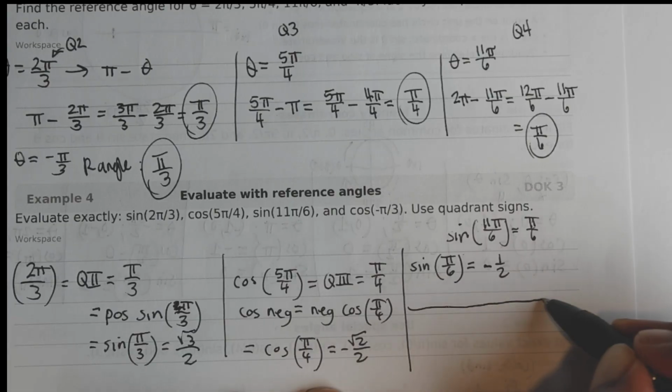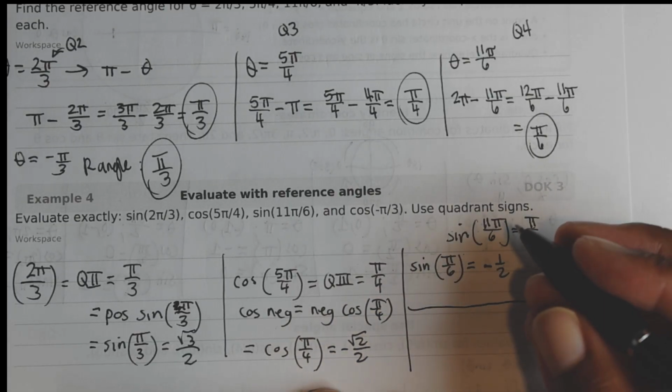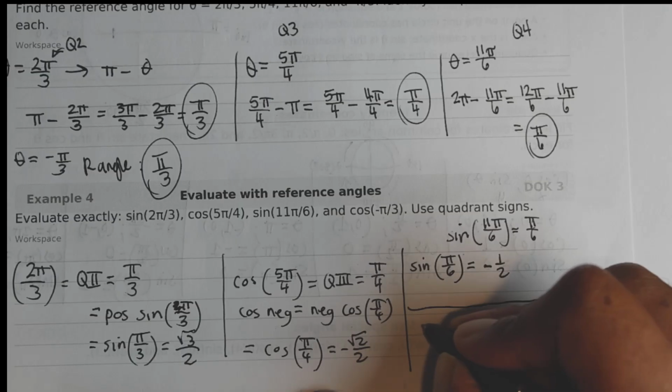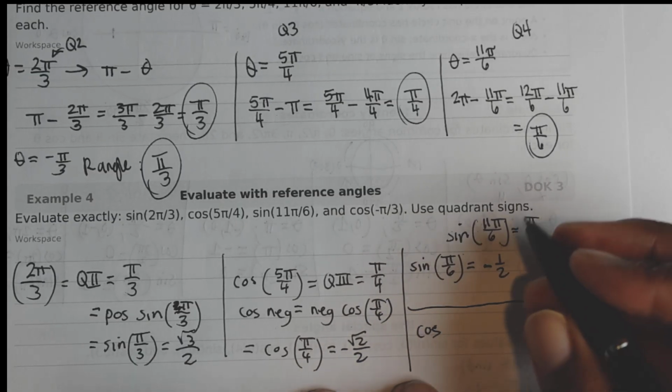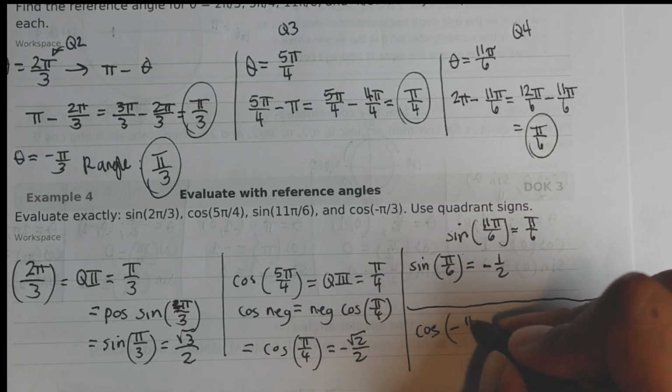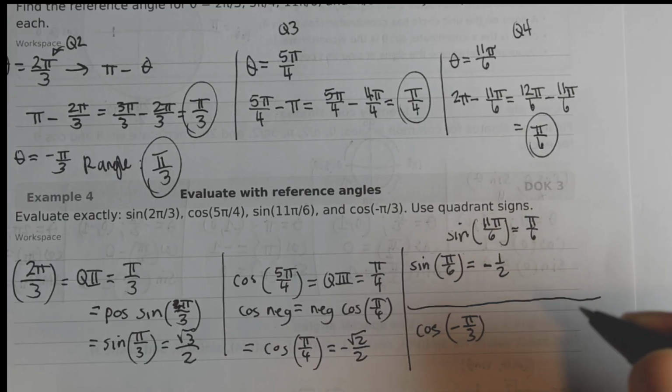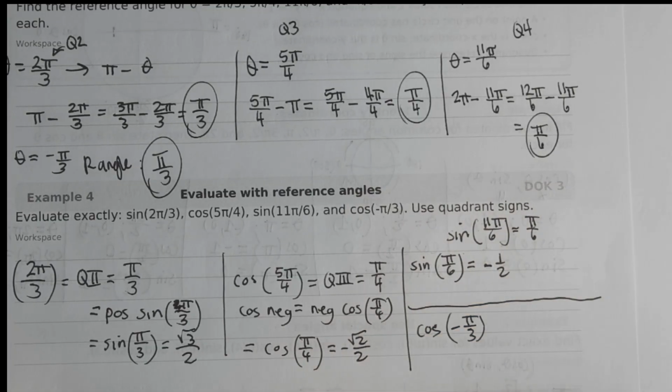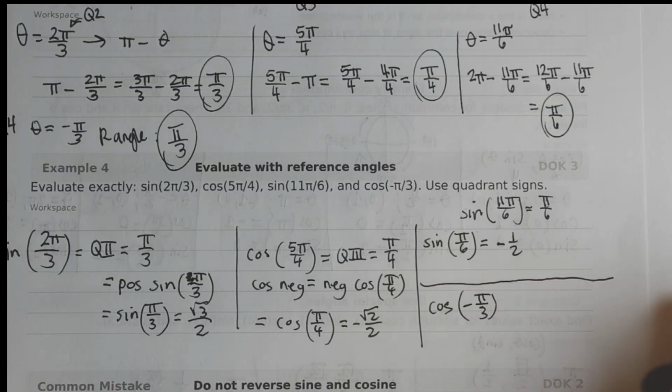Then finally, we have cosine of negative pi over 3. Remember, you're going in the opposite direction.